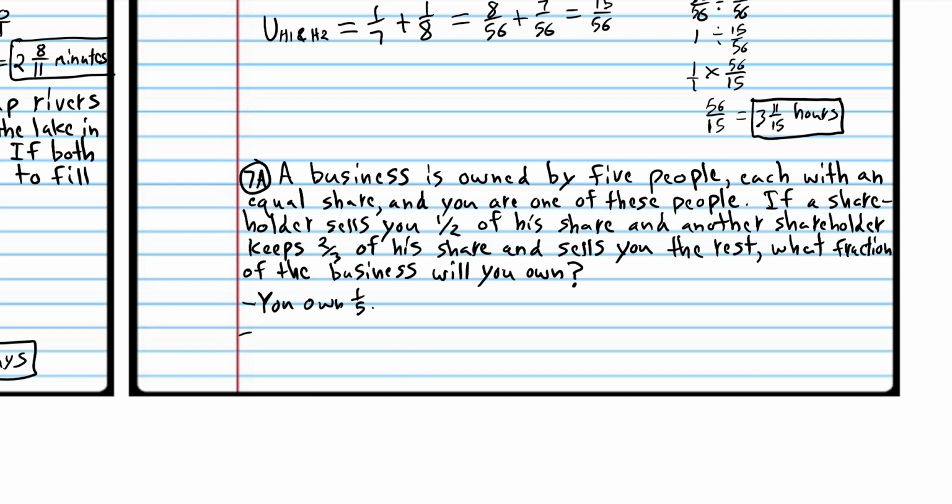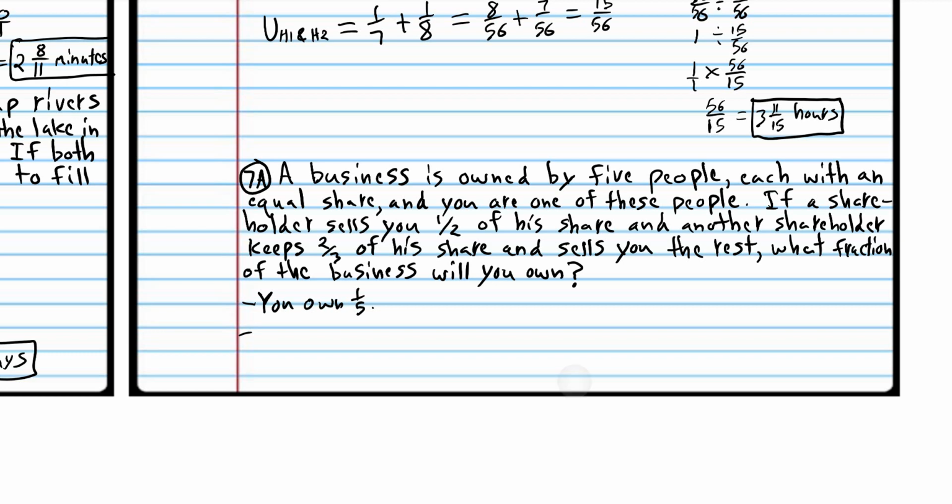All right, now the second shareholder, he wants to give you 1/2 of his 1/5. So you have to find what fraction of the entire business he's giving you.